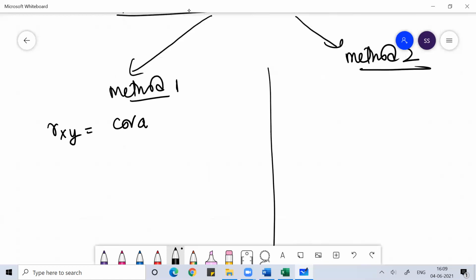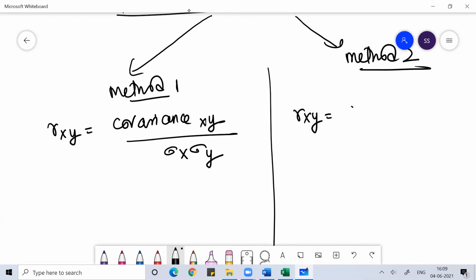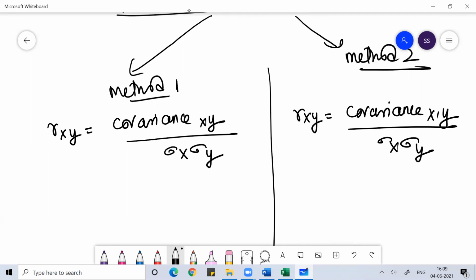You know that it is equal to covariance between x and y divided by standard deviation of x into standard deviation of y. So you can write the same thing here also: r of xy is equal to covariance between x and y divided by standard deviation of x into standard deviation of y. Okay.